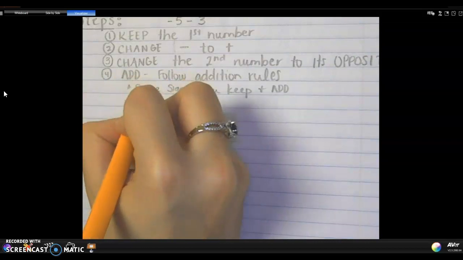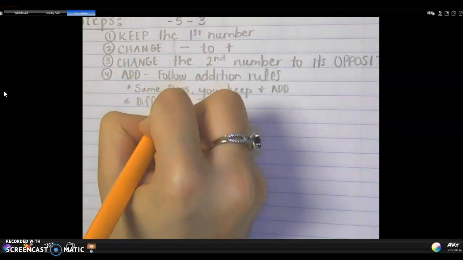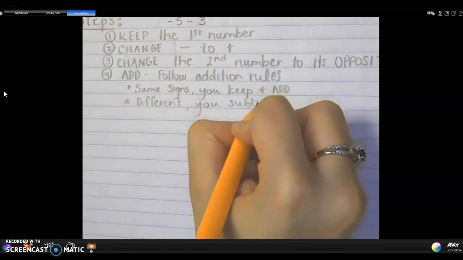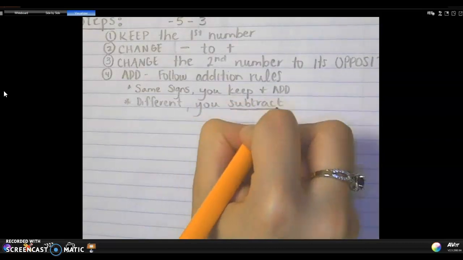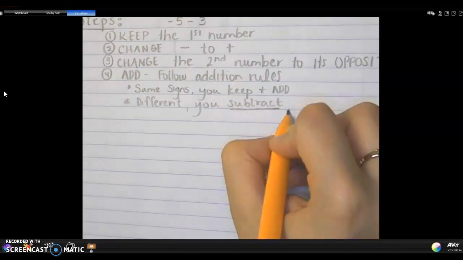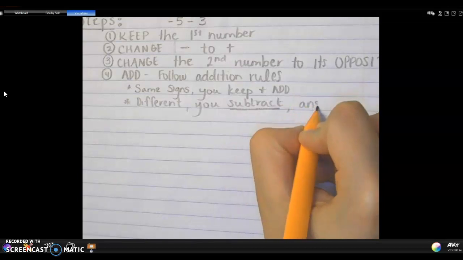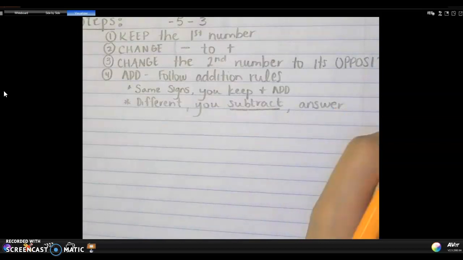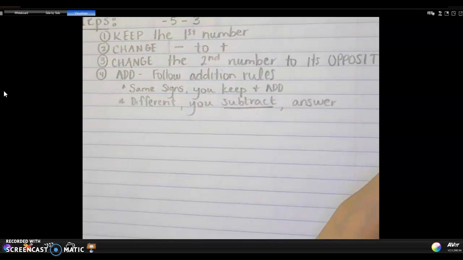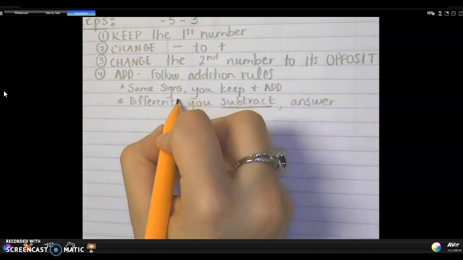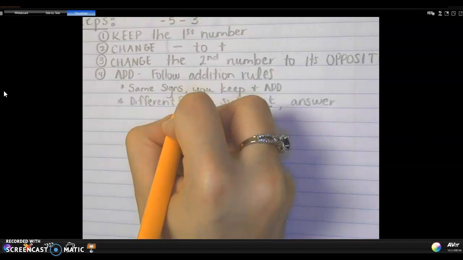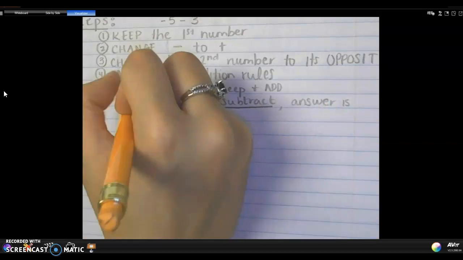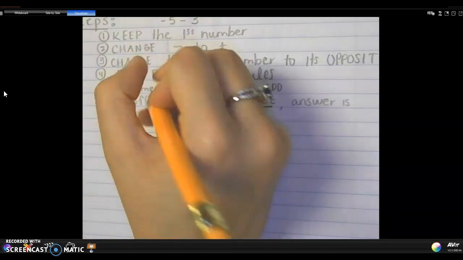If you have different signs, you subtract and your answer is whatever team won. So if your negative team wins, your answer will be negative. If your positive team wins, your answer will be positive. So different signs, you subtract. Write in signs here. The answer is the sign of the winner, or the winning team.